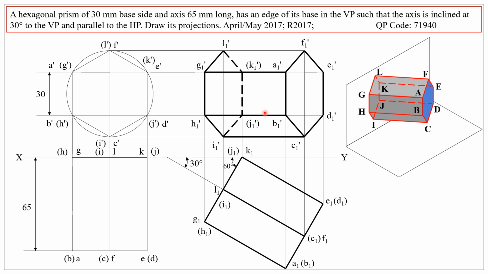The next one is EK. So E1 dash, K1 dash. K1 dash is invisible, therefore dotted line. This is a dotted line between E1 dash and K1 dash. The dotted line overlaps or coincides with the continuous line A1 dash and G1 dash. And finally, FL. So F1 dash, L1 dash, both are visible, hence a continuous line.